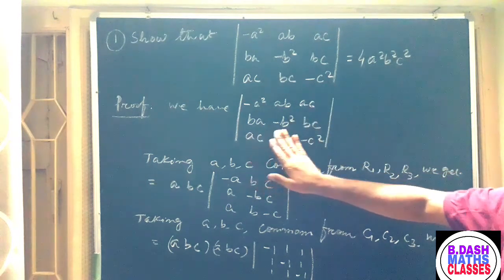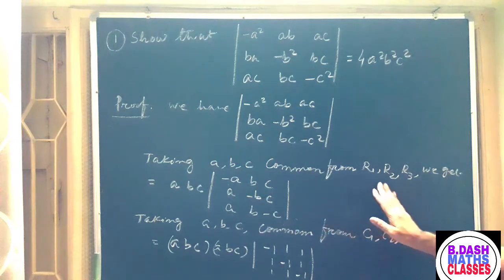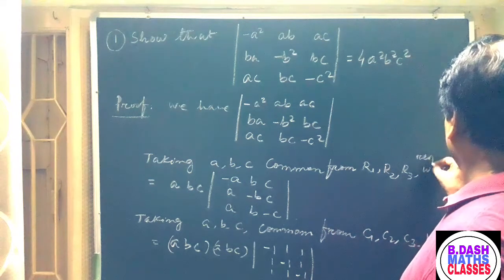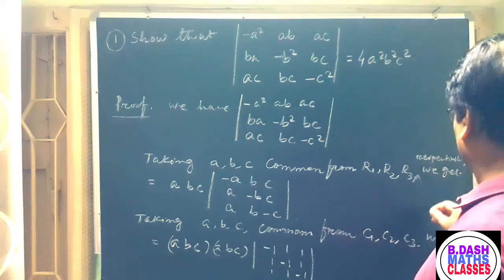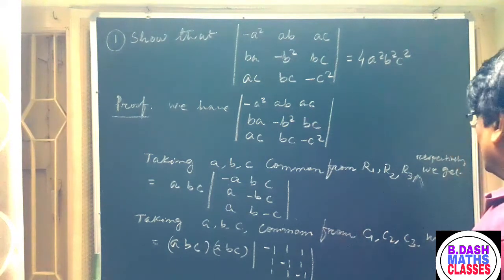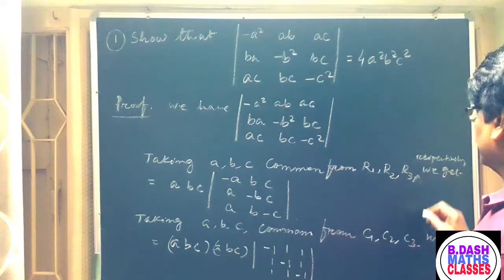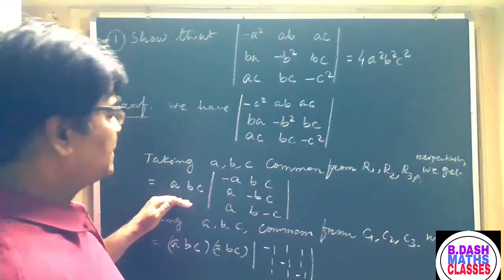Now the determinant we have started: we have taken a, b, c common from R1, R2, R3 respectively, and we get a, b, c after taking common from the first row, second row, third row.